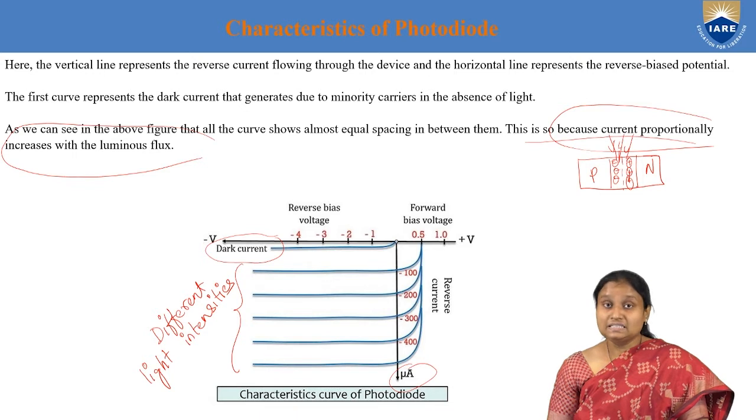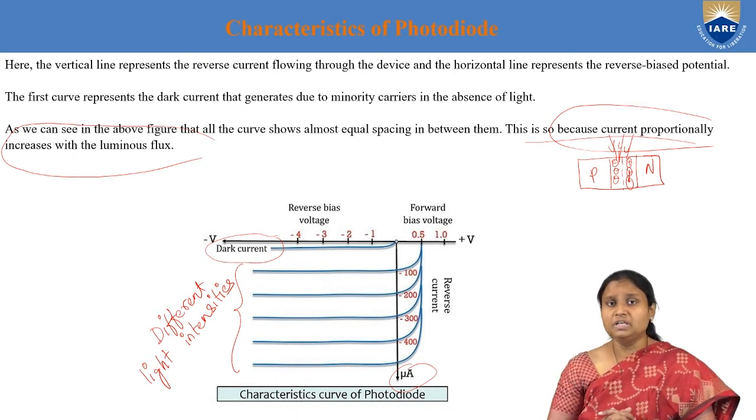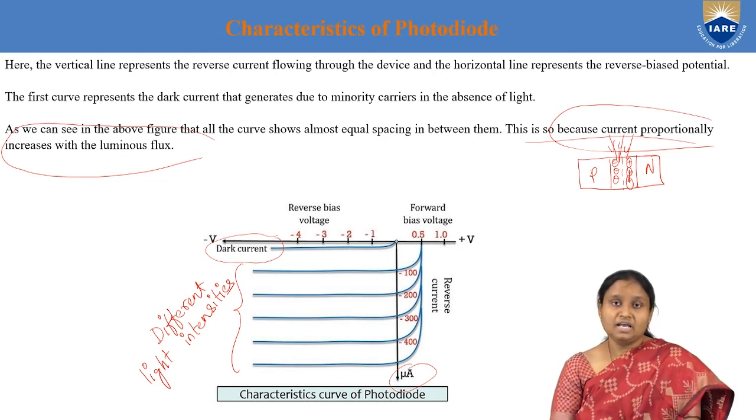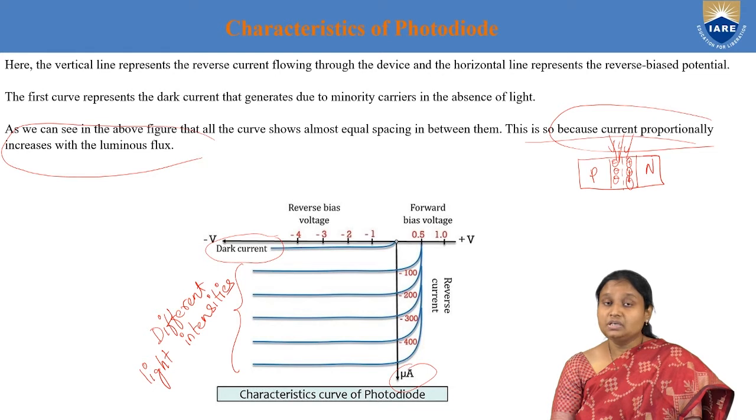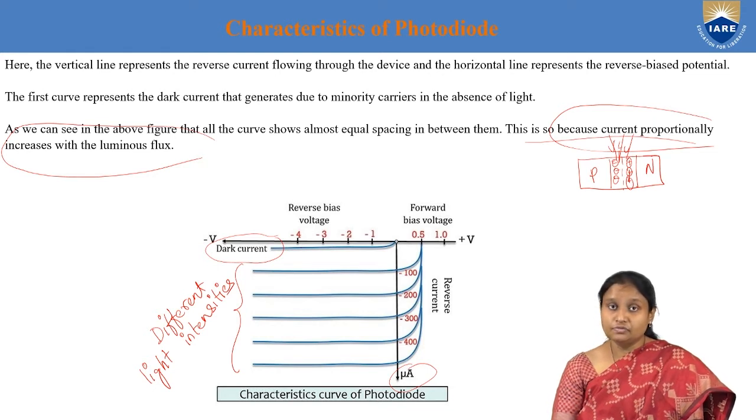What exactly is happening here? What is the main phenomenon behind the working of a photodiode? Here the principle is generation of electron hole pairs. In the depletion layer we have electrons in the valence band, and those electrons are without energy. Now these electrons are exposed to highly energetic photons coming from the light.